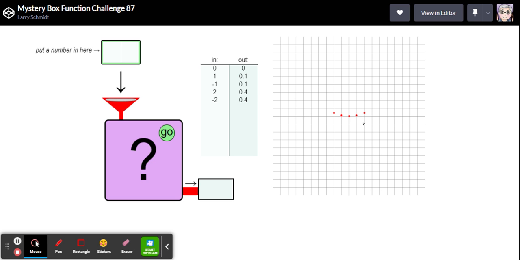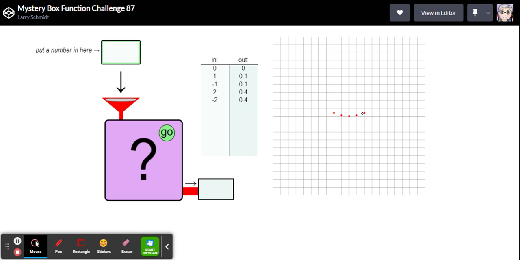So if you think a function is either an absolute value or a quadratic because it's got this sort of symmetrical shape to it, the way to tell is to look at the slopes between the points. An absolute value would have a constant slope because these would just be two lines, and a quadratic wouldn't. It would be a curve.